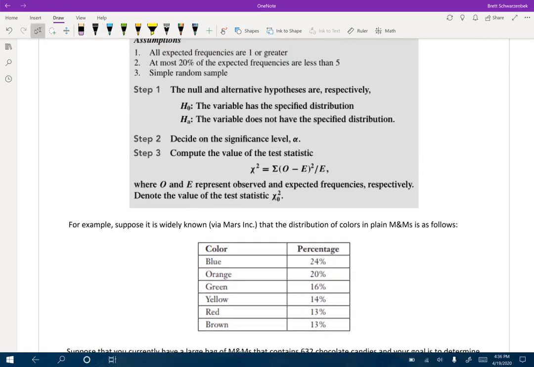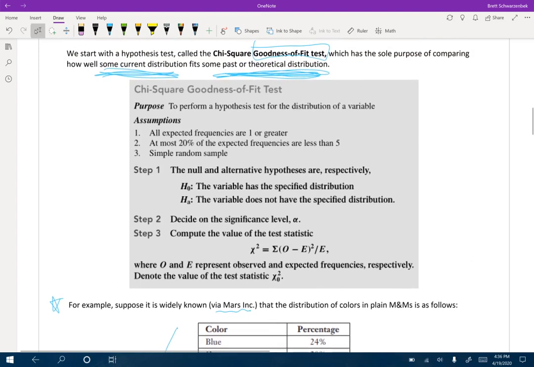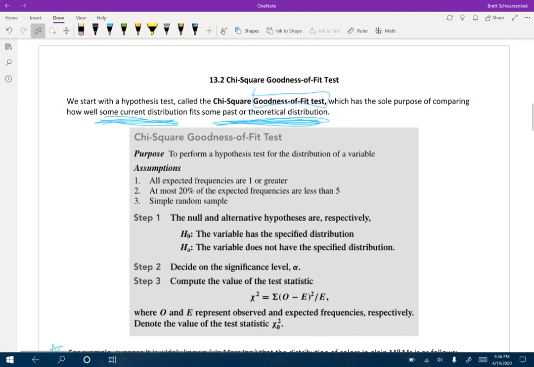So let's say, for example, suppose it was widely known via Mars Inc. that the distribution of colors in plain M&Ms is as follows. So something you can definitely relate to. So M&M colors. Suppose Mars releases a claim that these are the percentages distribution of the colors in M&Ms. So it would be pretty neat to be able to do your own experiment.